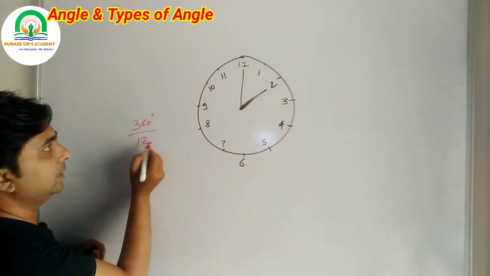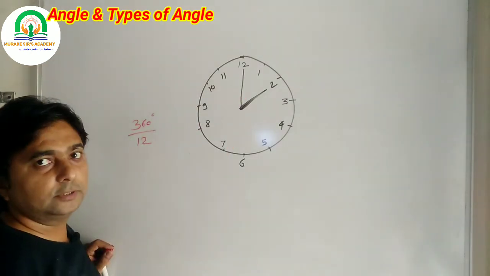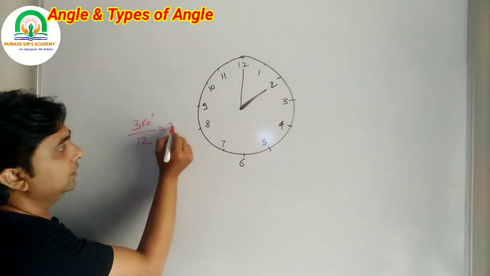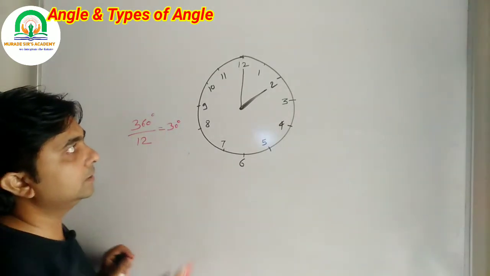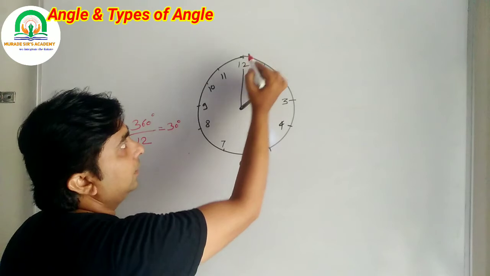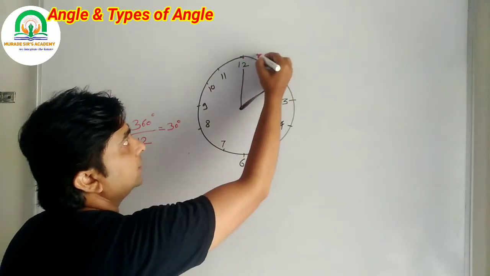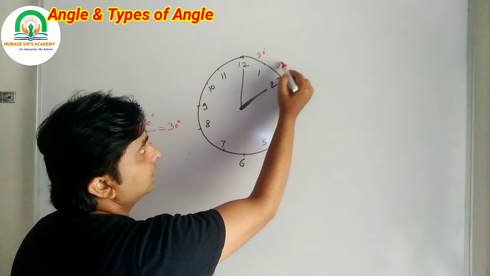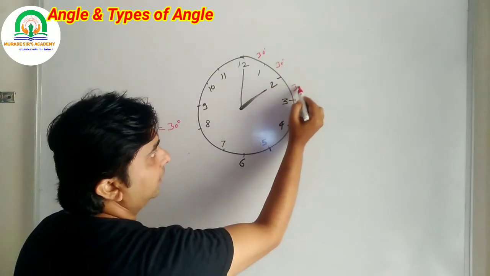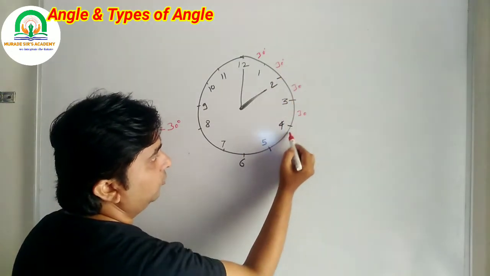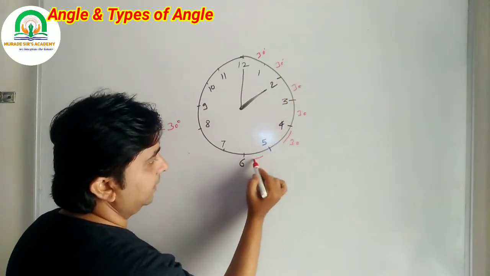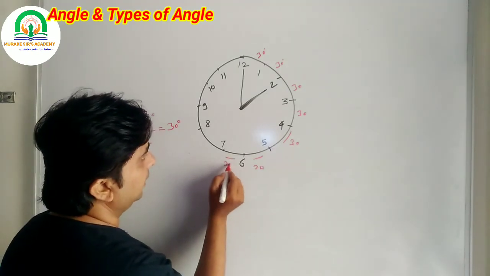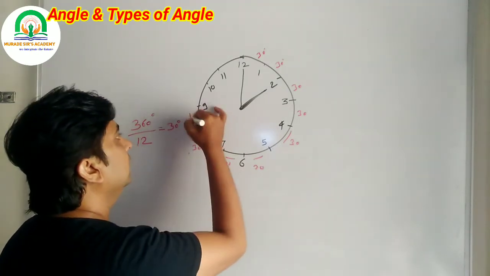How many numbers are in a watch? 12, so 360 divided by 12 is 30 degrees. It means the angle between 12 and 1 is 30 degrees. The angle between 1 and 2 is 30, 2 and 3 is 30, 3 and 4 is 30, 4 and 5 is 30, 5 and 6 is 30 degrees, 6 and 7 is 30, 7 and 8 is 30.